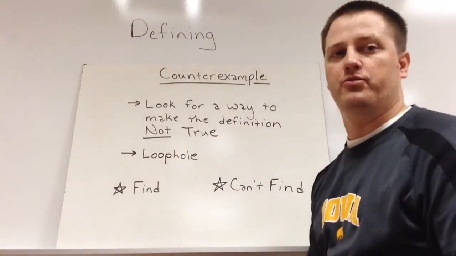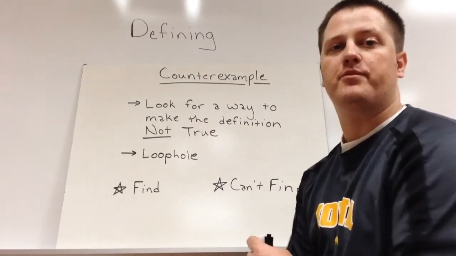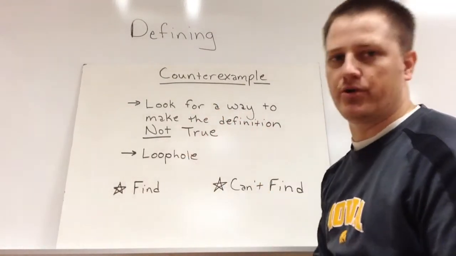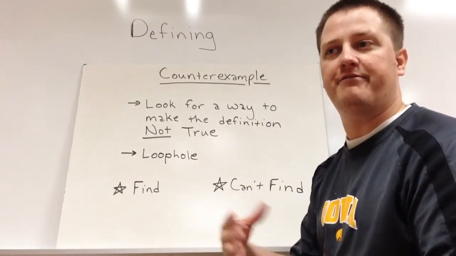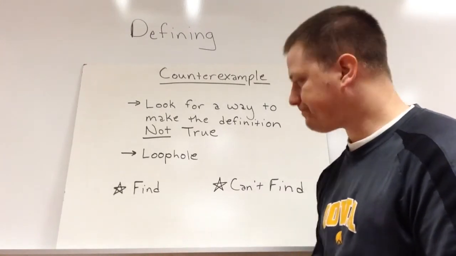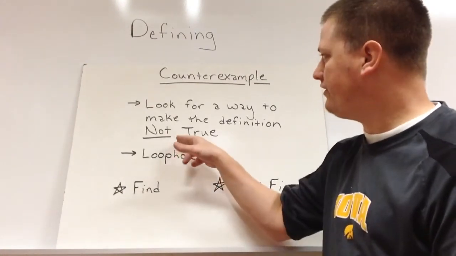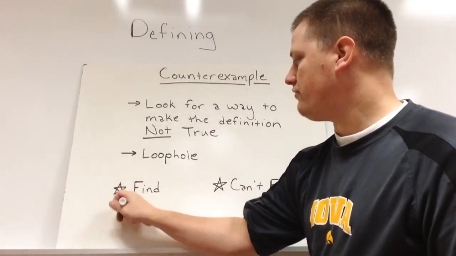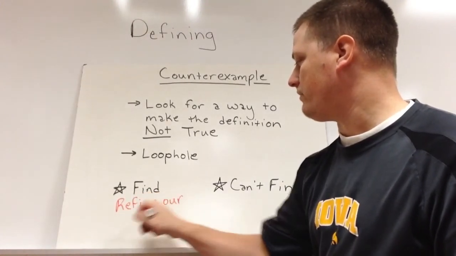Most of the counterexamples we're going to face will end up being pictures that will try and prove something wrong. But what we're doing is we're looking for a way to make the definition not true. So we're looking for basically a loophole, a place where the definer has left it open that the definition is wrong. If we find a counterexample, so we find something that proves our definition to be wrong, then what we need to do is refine our definition.